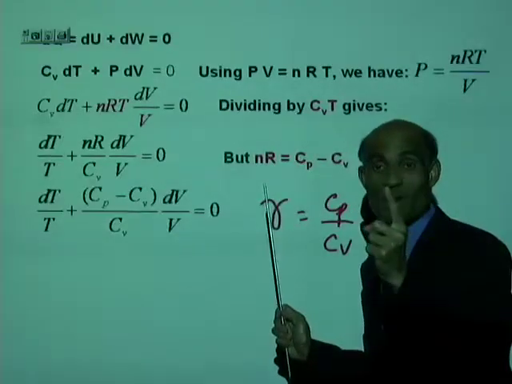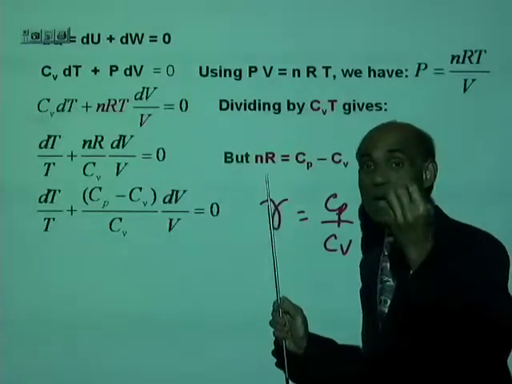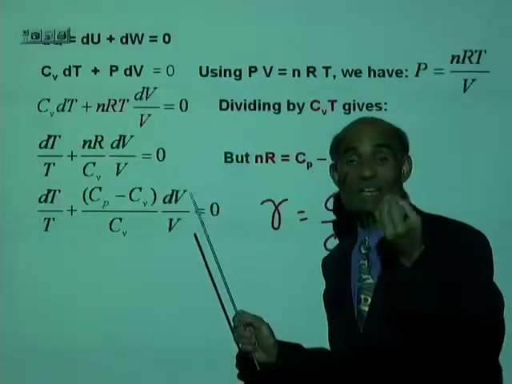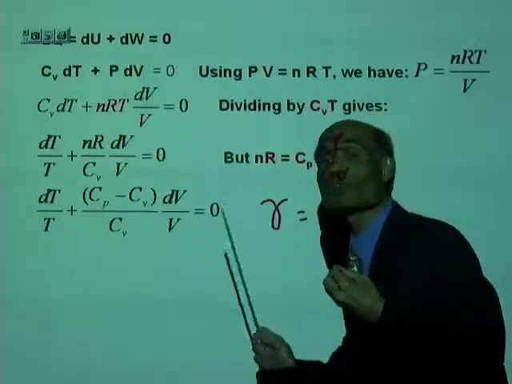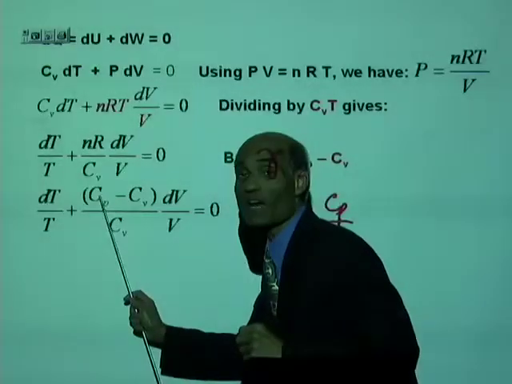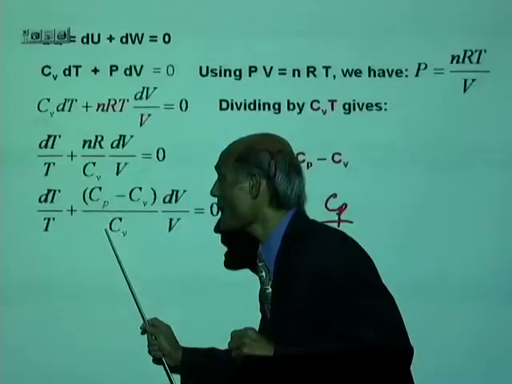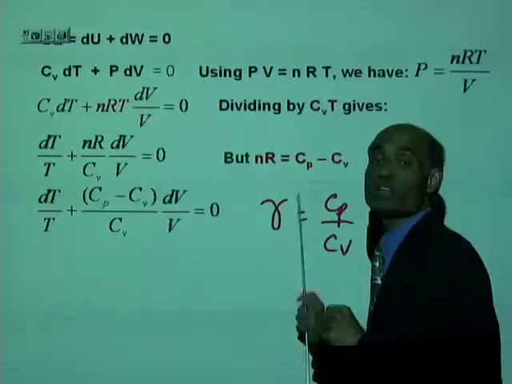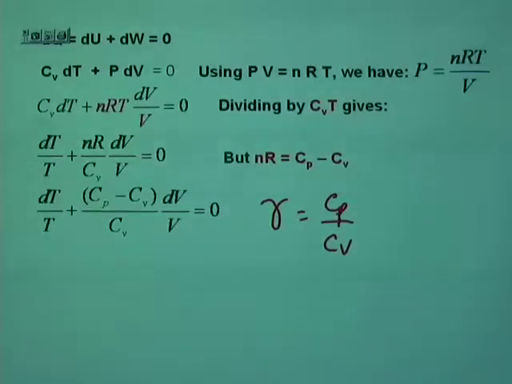And isn't that the value I gave you to use that time? Air. For most practical purposes, air is a diatomic gas and the value of gamma is 1.4. So, when you divide Cp by Cv, that is gamma.